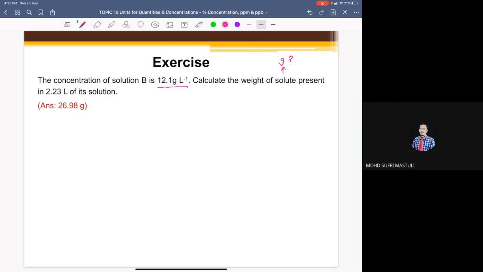Okay, so you can see the concentration of solution in 1 liter is equivalent to 12.1 gram. So it's asking you for 2.23 liter, how many gram is that equivalent to. So you can set it as X. Okay, you can try.